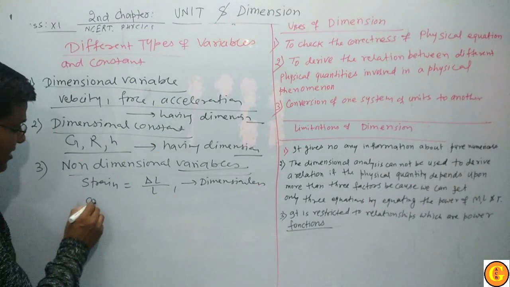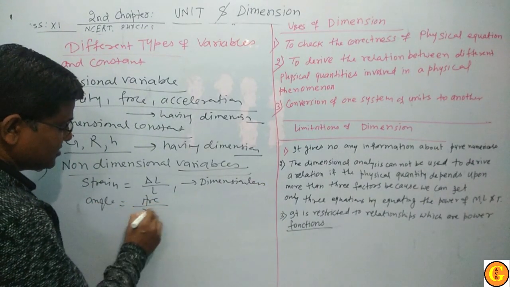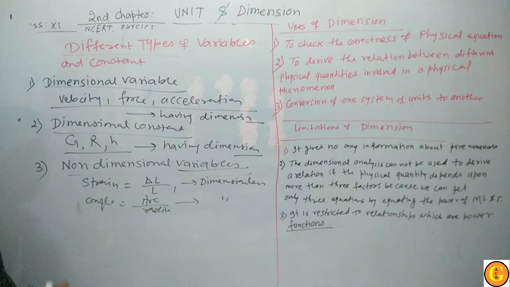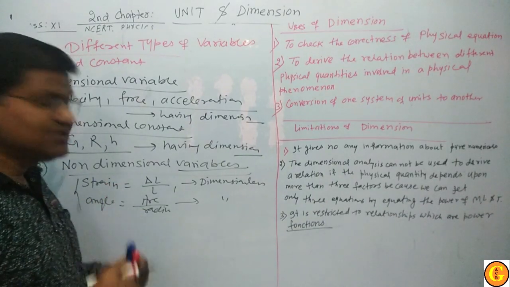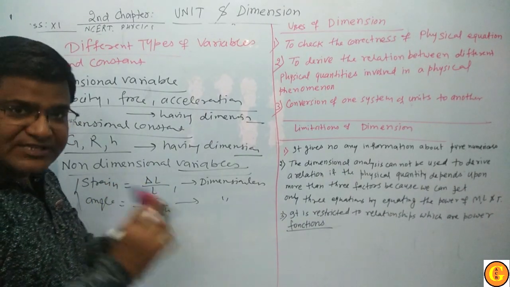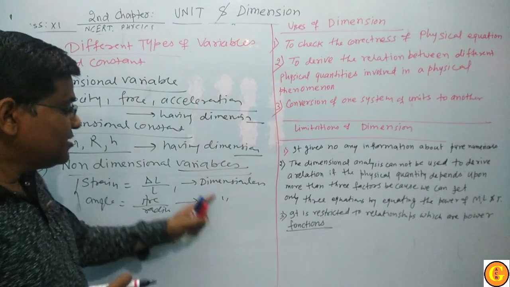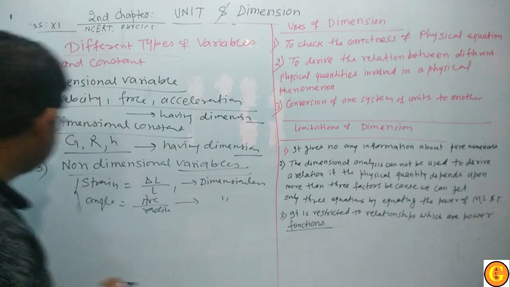And angle is also the ratio of arc by radius, hence it is also dimensionless. These physical quantities have variable values but are dimensionless, and hence are called non-dimensional variables.